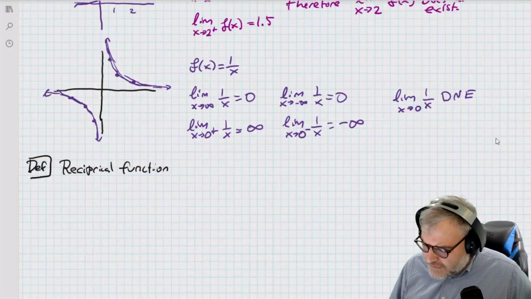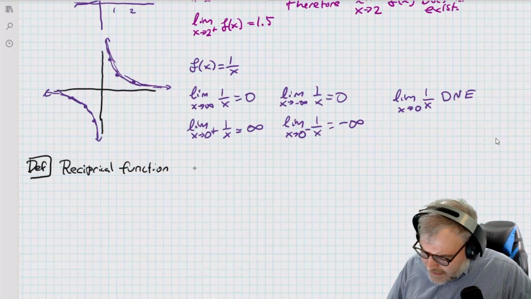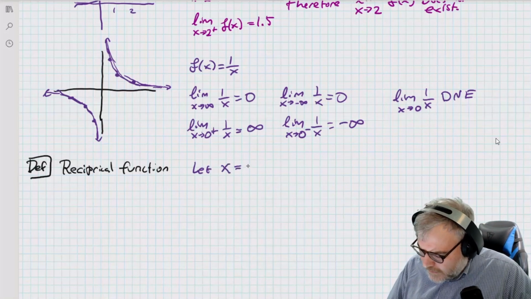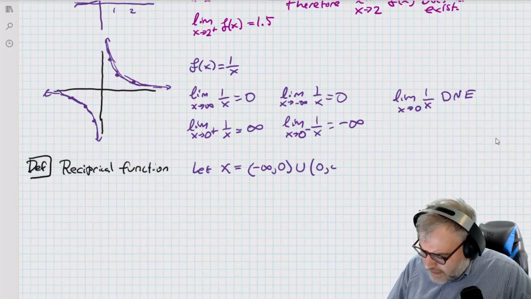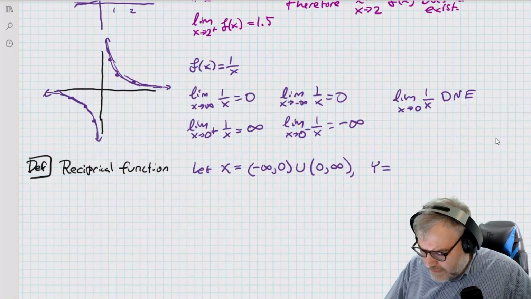And it's defined as follows. Let x equal negative infinity to 0, union 0 to infinity, y equal to, it's actually the same thing, but we're going to say r.